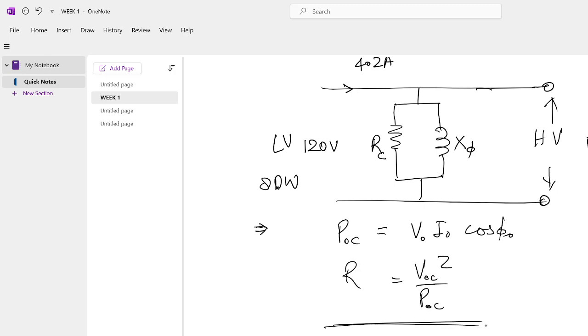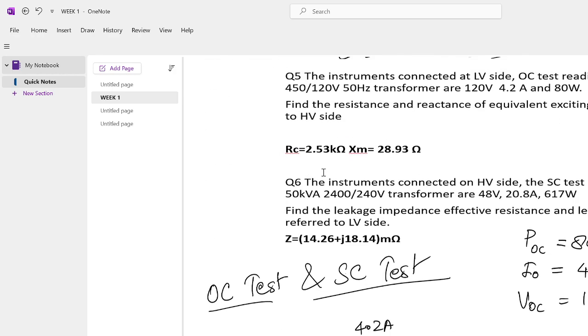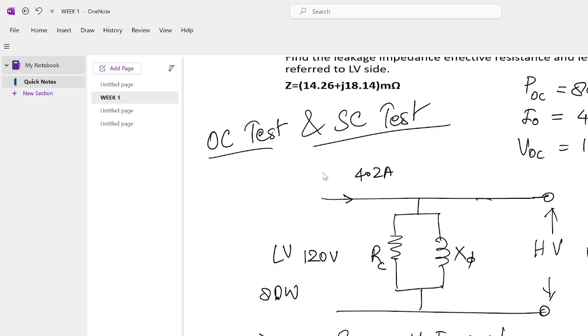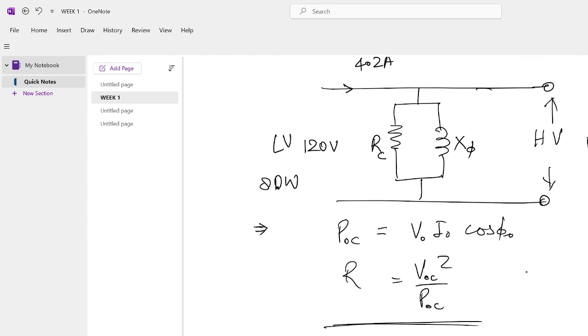Please tell me the value of R. 180 ohm. Okay, let others also solve.